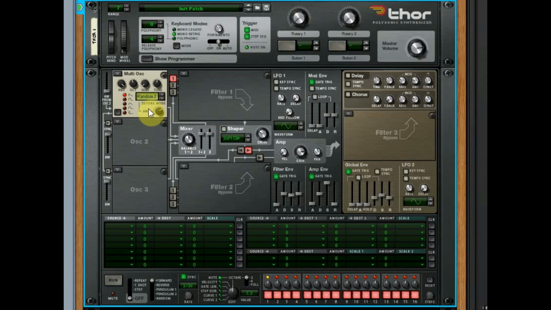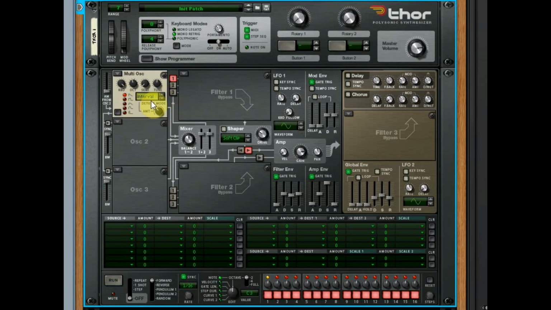Sounds about the same, but obviously there's something different. It's a little different, hard to spot, but it is what it is.